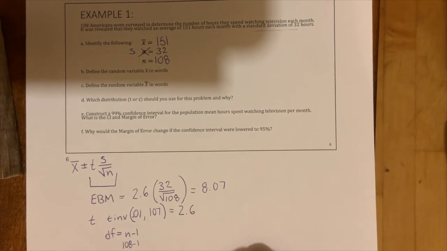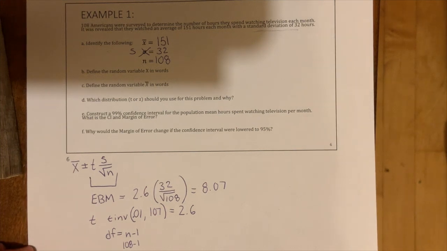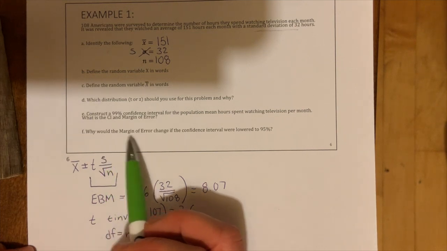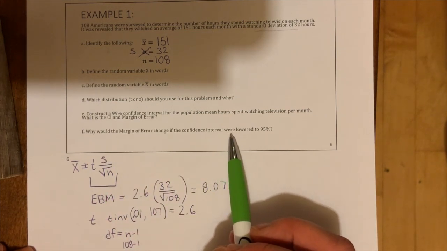Sorry, I'm looking at my notes and had that written down wrong. 159.07. That means that we are 99% confident that the true population mean hours spent watching television is between 142.9 and 159 hours.